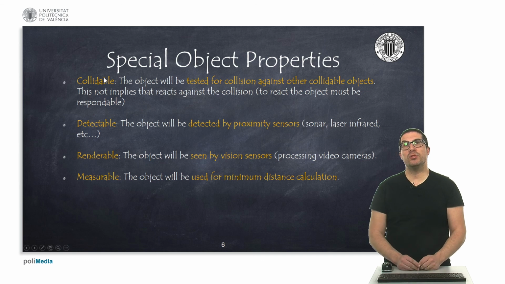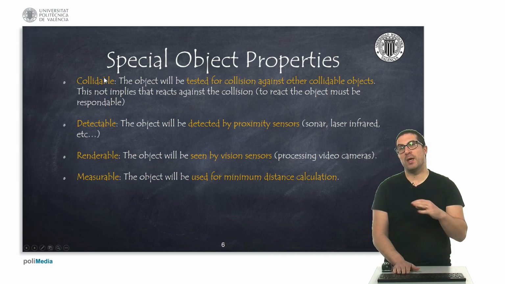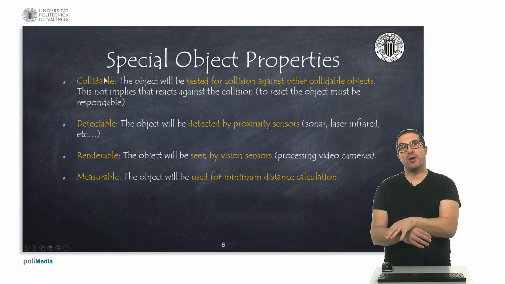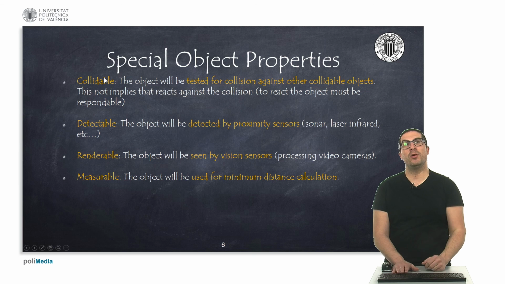They are basically used for other calculation purposes like path planning in order to compute collision-free paths. These modules will try to know which objects are collidable and which are not, and only the collidable objects will be considered for their computation.